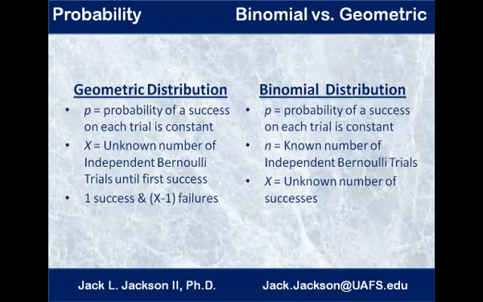In contrast, in a binomial distribution, we know how many trials: the sample size, or the number of trials, is a fixed number, n. What we don't know is how many successes we're going to get, and that's the random variable X. So again, geometric: we know it's one success, and we count how many trials it takes us to get there. Binomial: we know the n trials, and we count the number of successes, which is unknown.